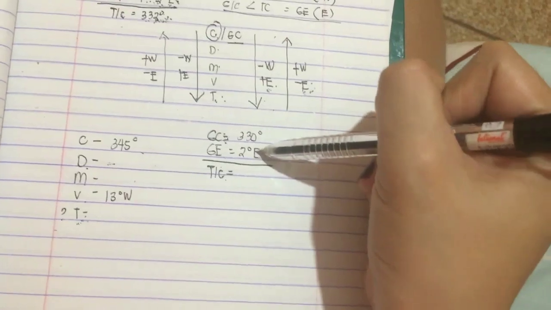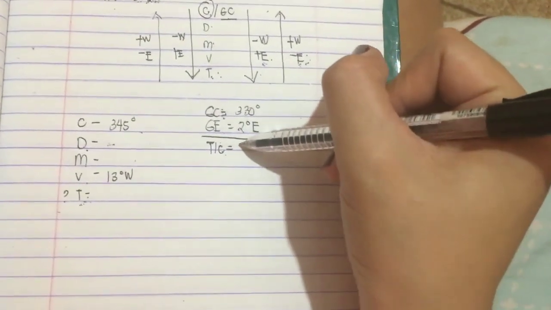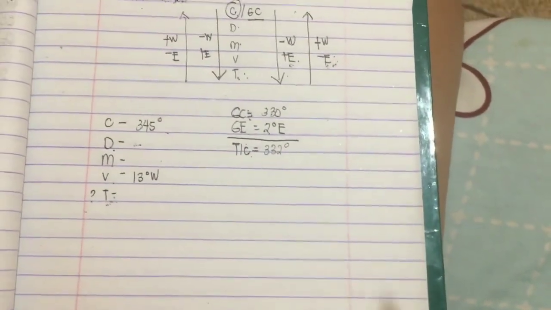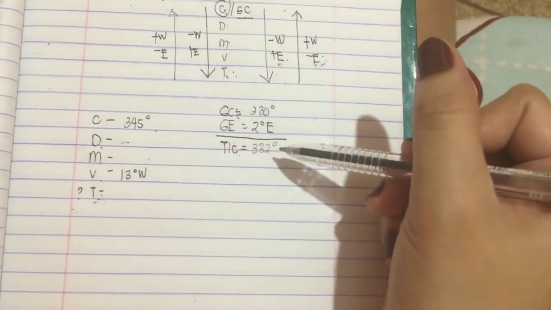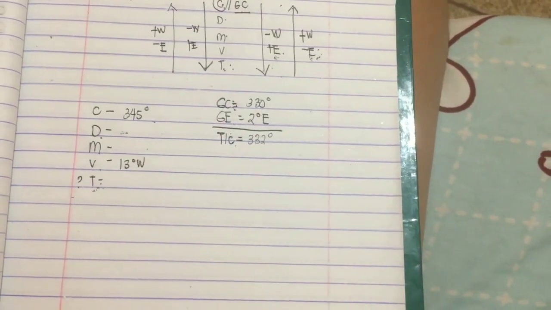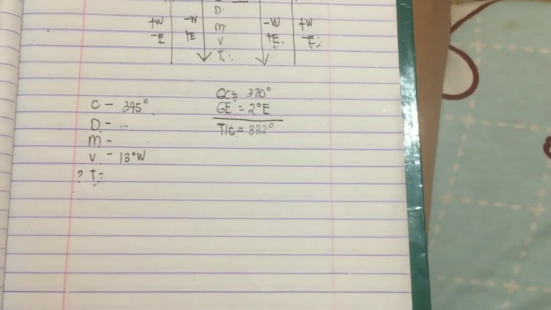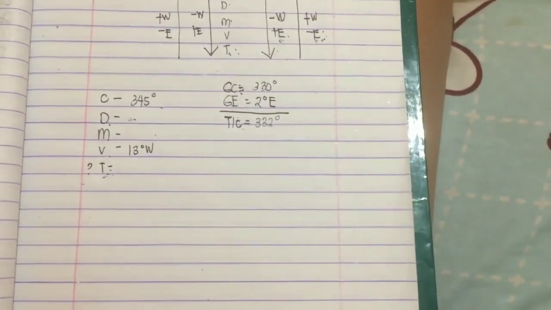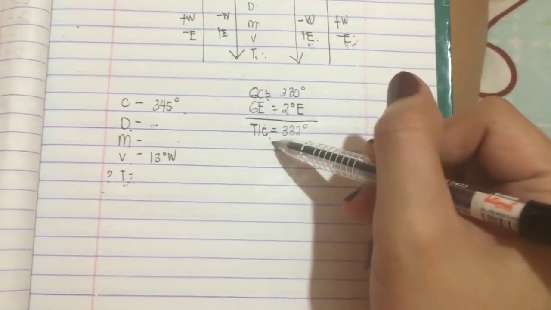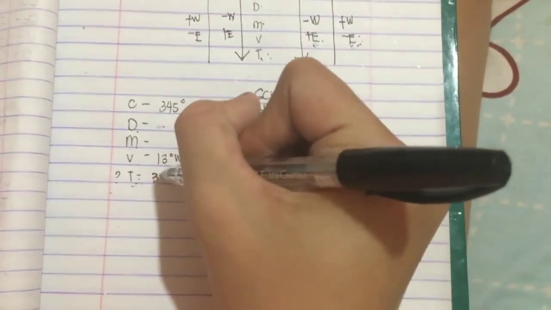Since this is east, we should add. So 330 plus 2 will be 332 degrees. Always remember that we cannot put directions to our true course, compass course, gyro course, and the magnetic course. We can only put directions to the errors. Okay, so we already have our true course, which is 332 degrees. So we will put this here.